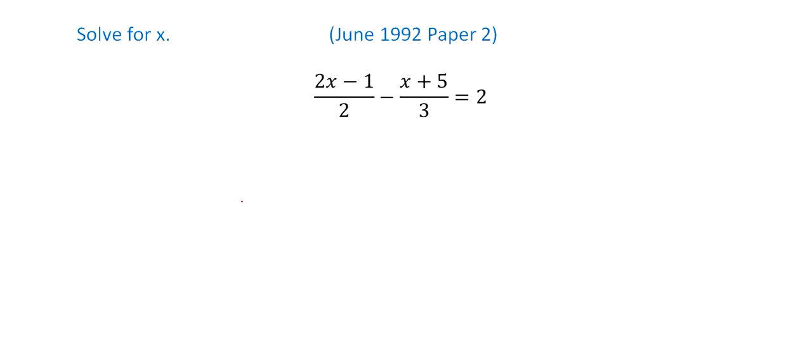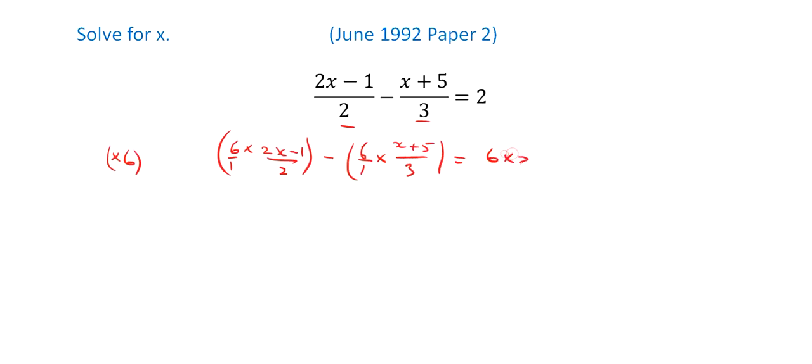And this last example is from June 92. The LCM of 2 and 3 is 6, so we're going to multiply each term by 6. So we end up with 6 multiplied by 2x minus 1 over 2 minus 6 over 1 multiply by x plus 5 over 3, which is equal to 6 multiplied by 2.